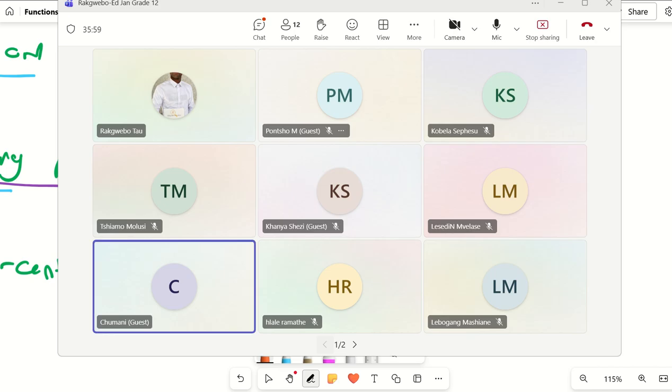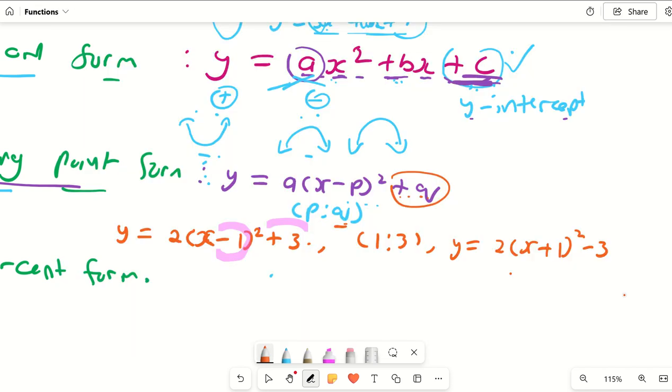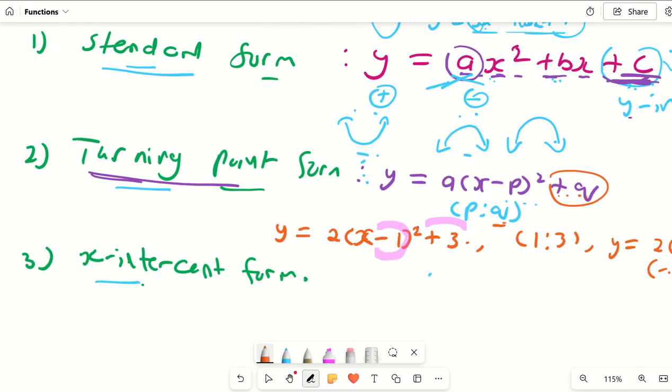Proper stuff. Are we all happy? Are you happy? We all good, yeah? So it's -1 and -3. Take the opposite sign, follow the sign. So never get it twisted. So that is the bit of information we get at first glance. Just looking at the expression, you're able to give the coordinates of the turning point.